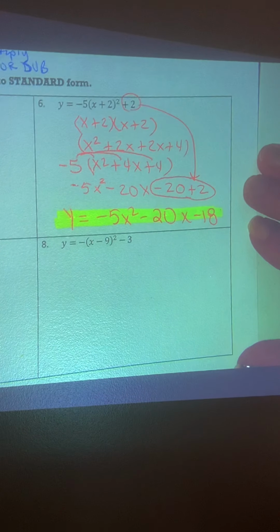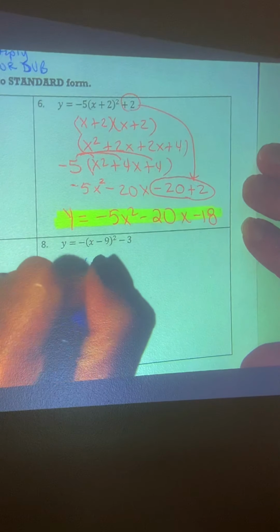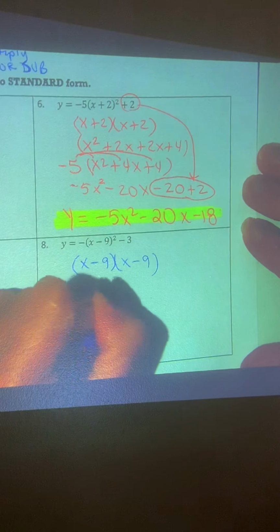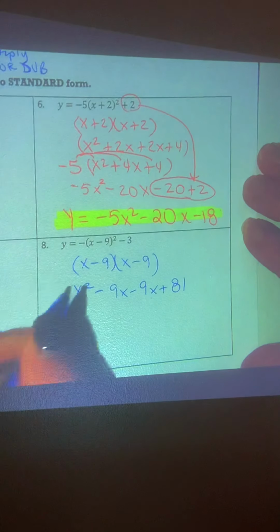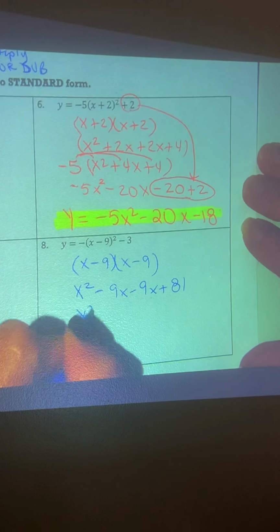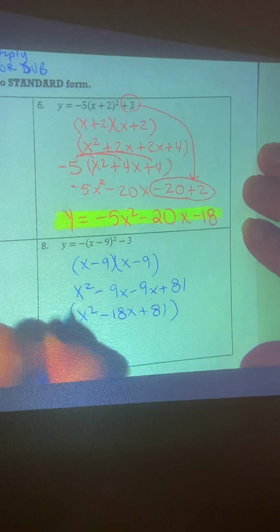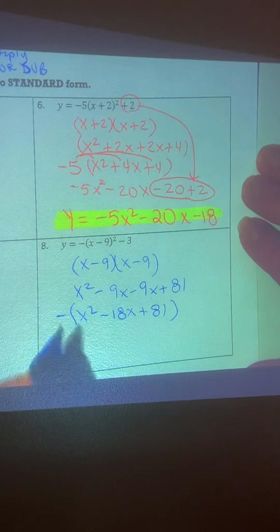And lastly, FOIL: x minus 9, x minus 9, x squared minus 9x minus 9x plus 81, x squared minus 18x plus 81. Then I have to distribute a negative. Again, when you distribute a negative, you change all the signs.